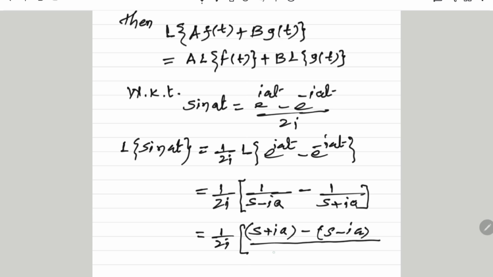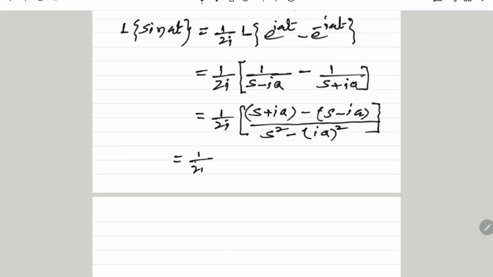That product is a square minus b square, here it is s square minus i square a square. 1 by 2i, s gets cancelled, ia plus ia we get 2ia whole divided by s square.